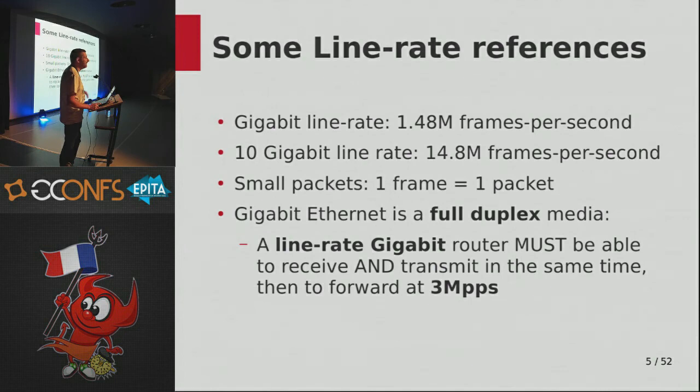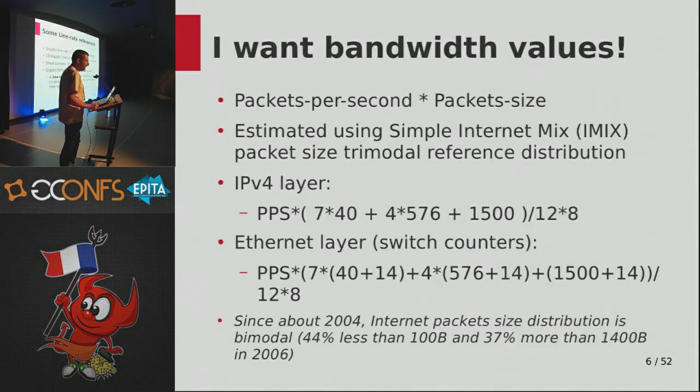But who needs, technically speaking, line rate? Then I need to introduce you to another concept, which is how to translate packets per second into bandwidth. It's quite easy: you just multiply your PPS by the packet size. But on the internet, packets don't all have the same size.